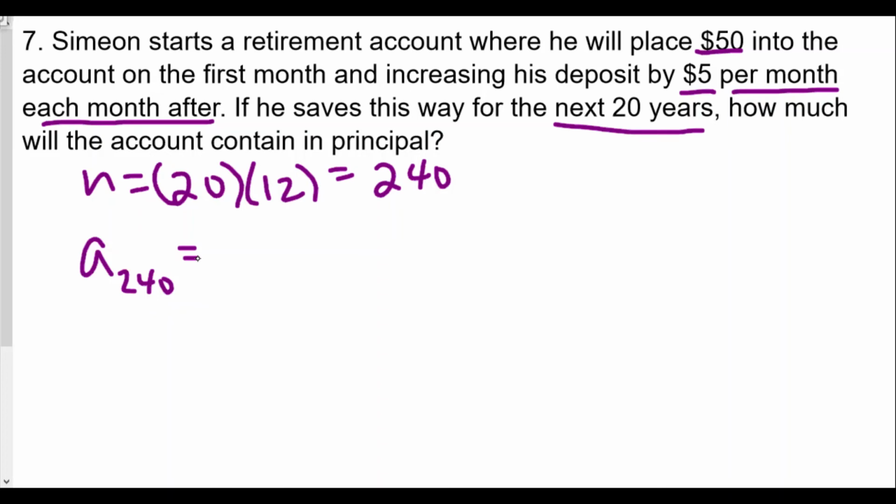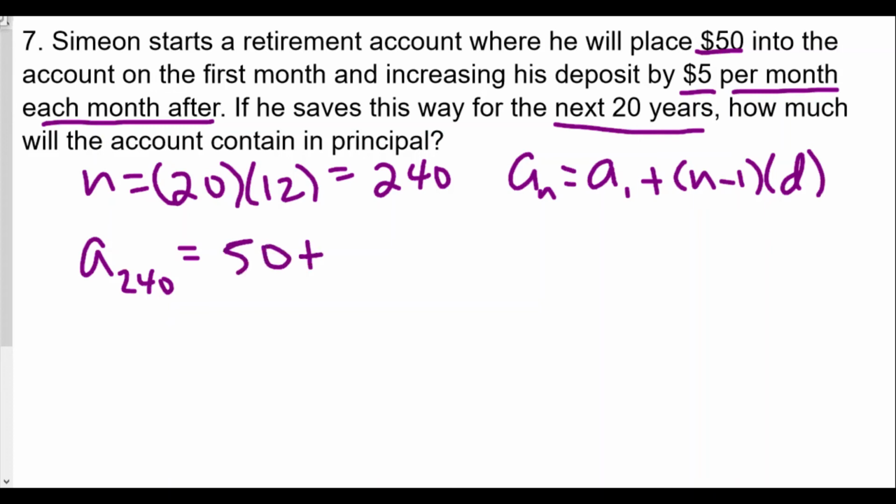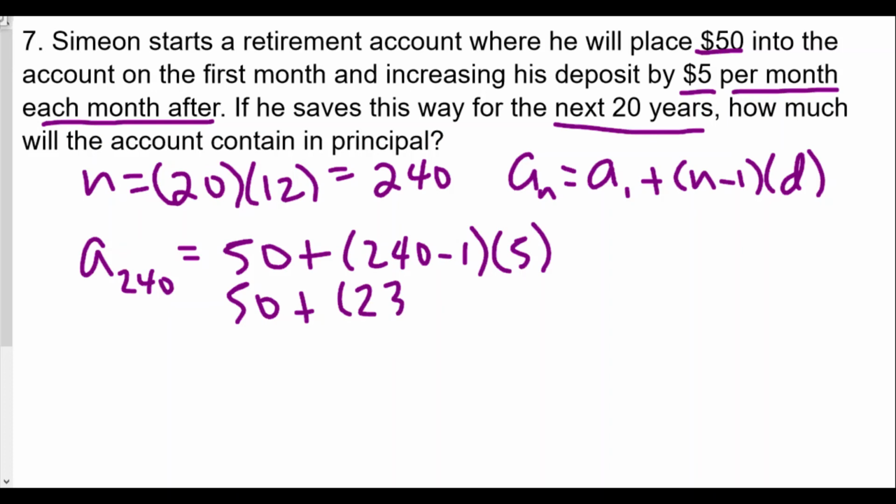Because first, again, the formula we're going to use in this case is A sub n equals A1 plus n minus 1 times d. And again, d is the $5 added every single time. A1 is 50, so we have 50 plus 240 minus 1 times 5. So we're going to get, in this case, 50 plus 239 times 5.